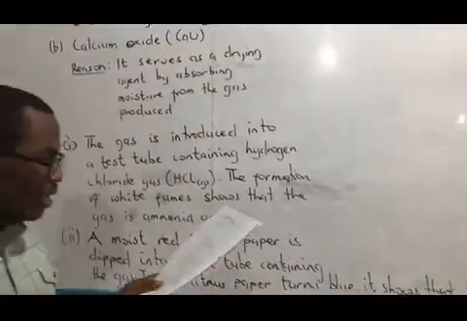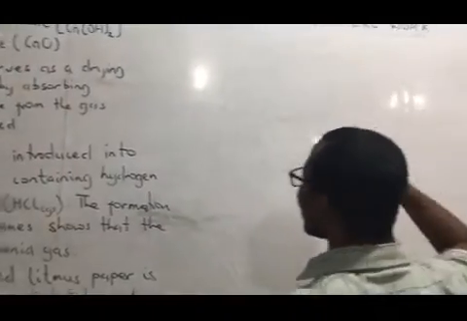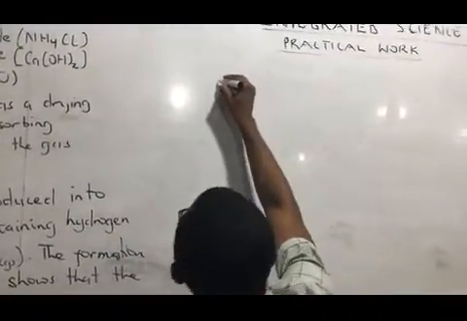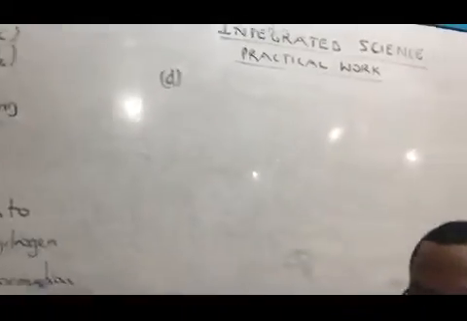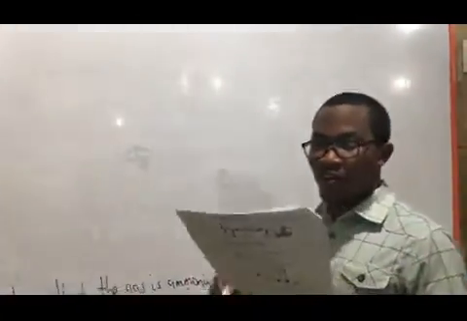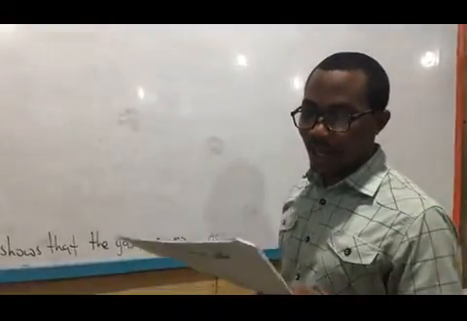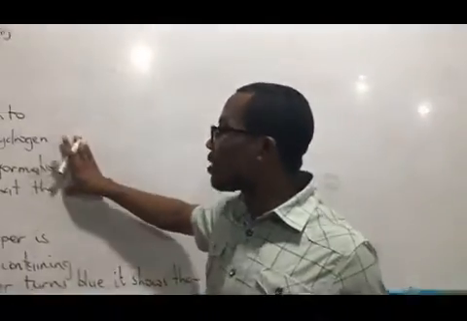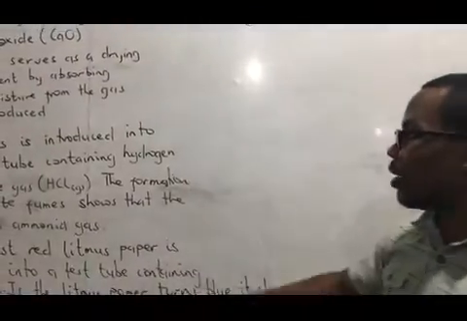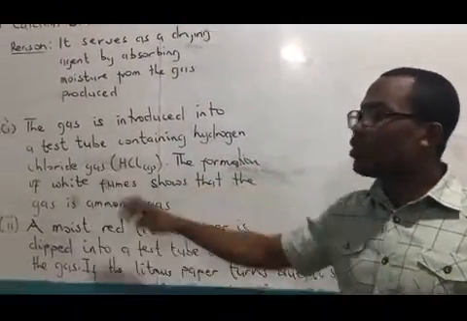Now let's look at the D. The D says, write a balanced equation for the chemical reaction involved in the chemical identification of ammonia. So you are looking at the reaction involved here. So here you are passing the ammonia gas through hydrogen chloride gas.